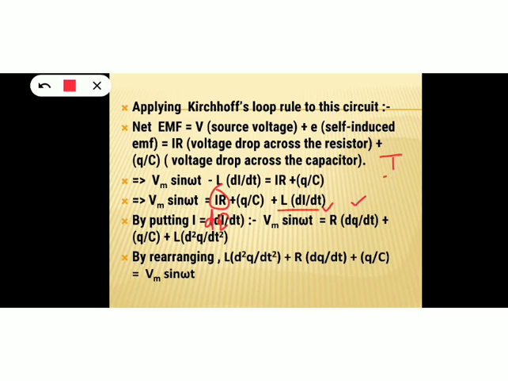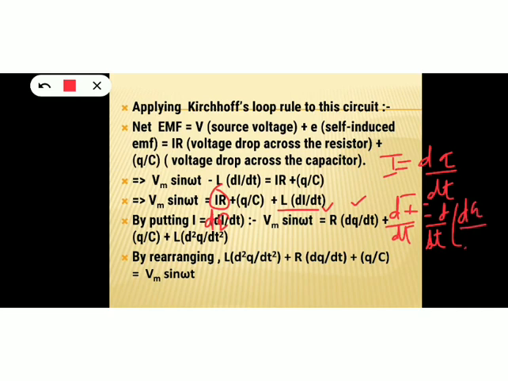If I is dq by dt, then what will be di by dt? Di by dt will be equal to d by dt of dq by dt, which is d square q by dt square. So you will get L into d square q by dt square.